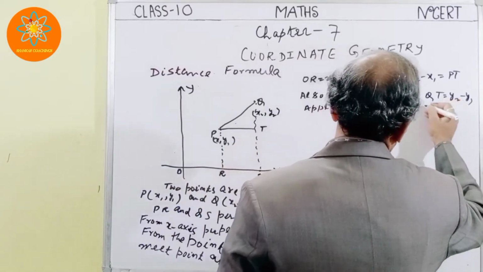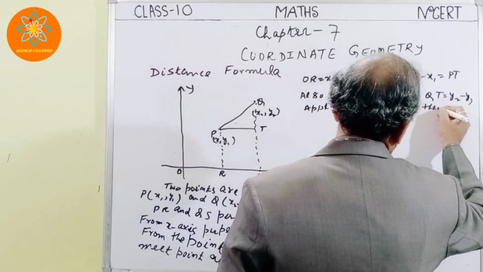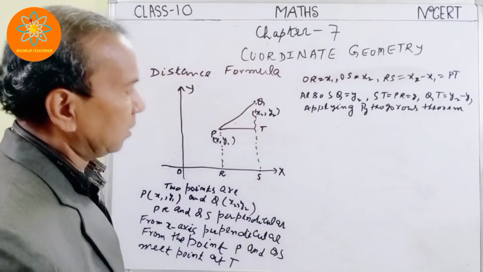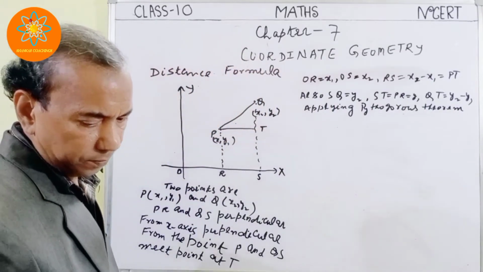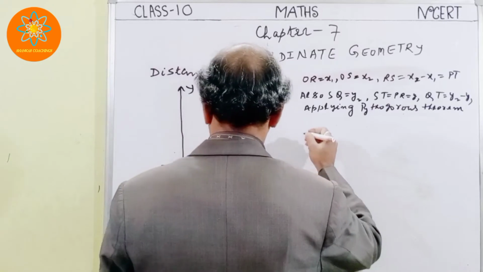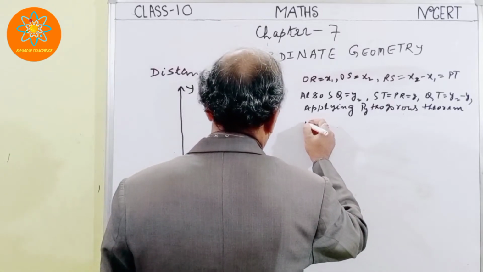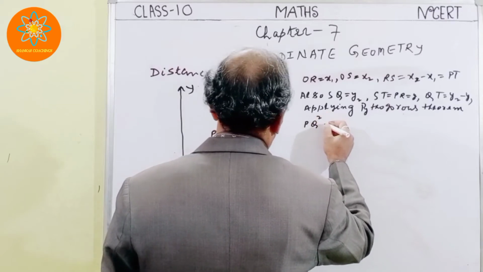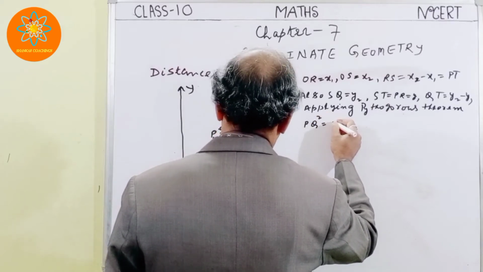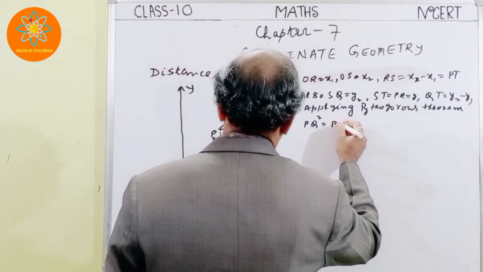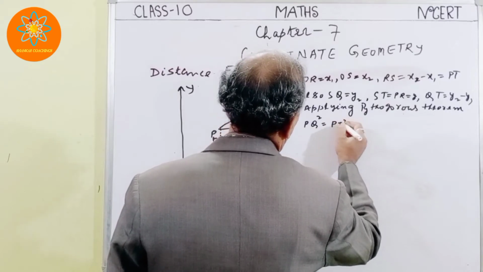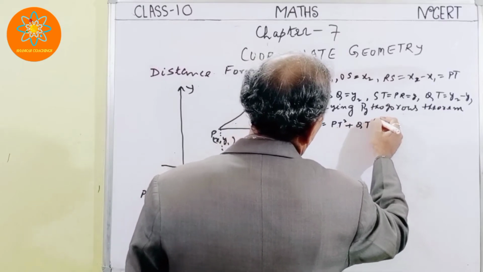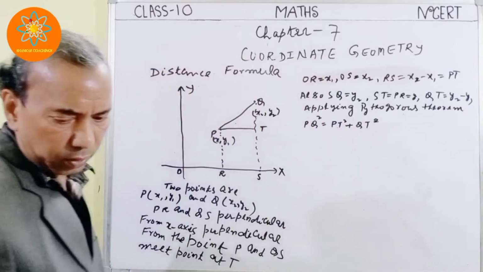Applying Pythagoras theorem, you can say that PQ square is equal to PT square plus QT square.